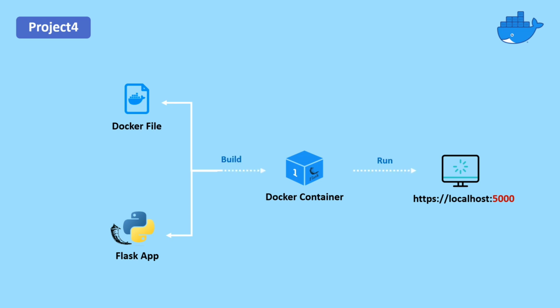The third step is to build and run the Docker container. This step involves building the Docker image from the Docker file and then running the container based on the image. So once the container is running, you can access the Flask application in your web browser at localhost:5000.